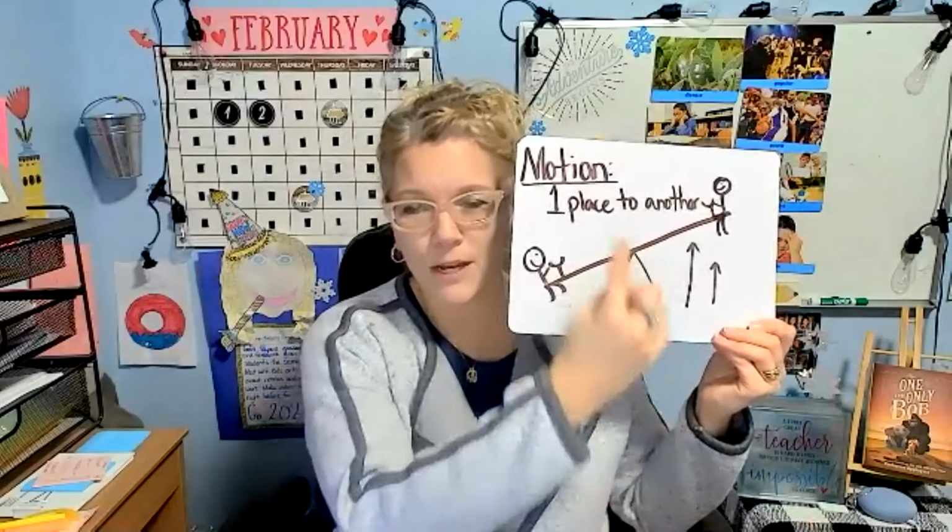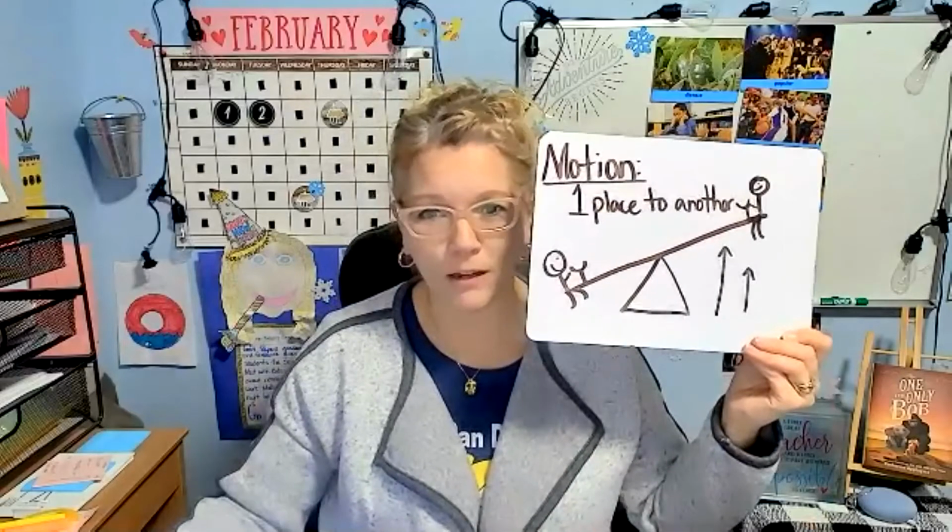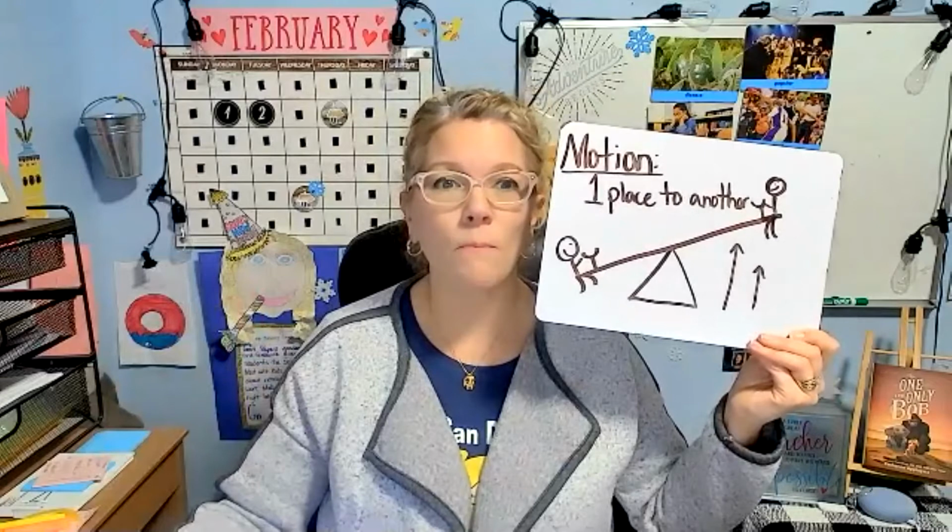Okay, one seat goes down, one seat goes up, and you can keep pushing back and forth, back and forth. I had one of these when I was a kid on the playground. They were fun. So what it does is change the position that you're in. If you change the position that you're in, even from going from this seat and standing up, when you change your position, you're in what's called motion. So you're going to read about motion a little bit today.